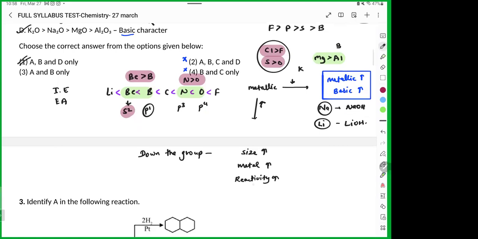Then ionization enthalpy, electron gain enthalpy, electronegativity, non-metallic character, all these will decrease. Very, very important. What increases and what decreases is really important. Along the period will be the opposite. There are some exceptions you need to know, otherwise that remains the same. Any doubt, guys?